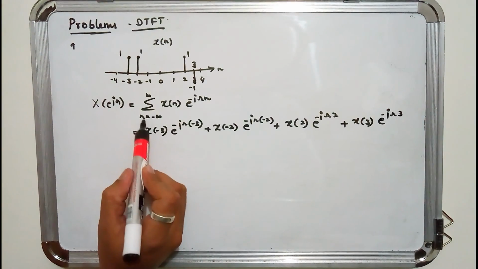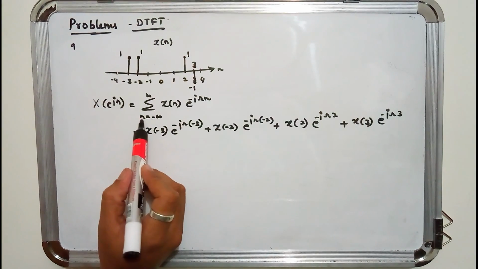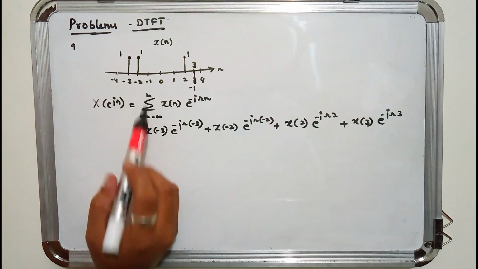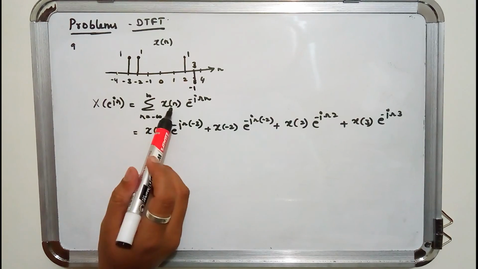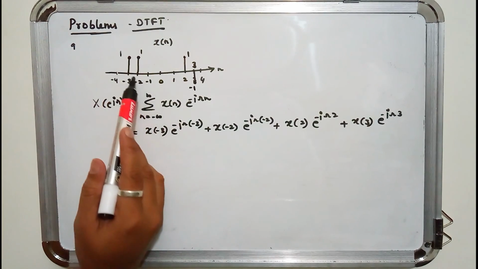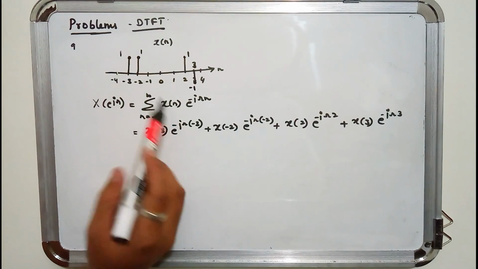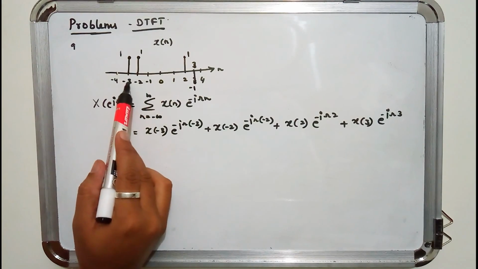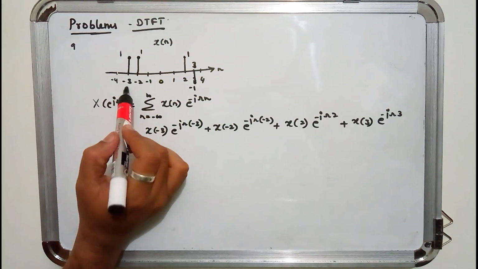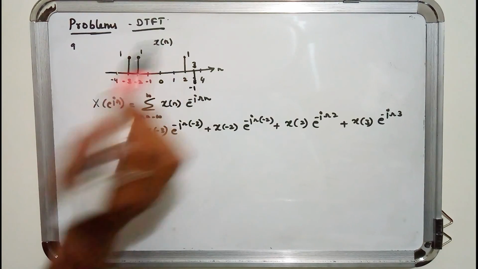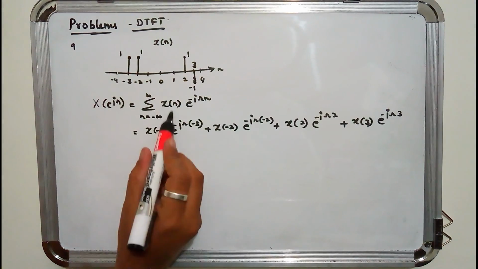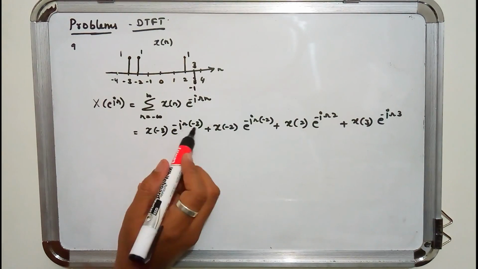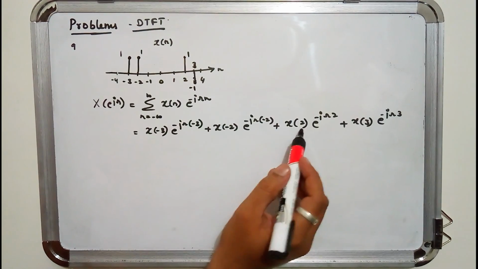This is just the expansion of the summation. The summation is from minus infinity to plus infinity, but for what values of n is x of n valid? Valid as in it has the amplitude that I have written. So x of n has its value only at minus 3, minus 2, 2 and 3, and I have substituted those values of n.